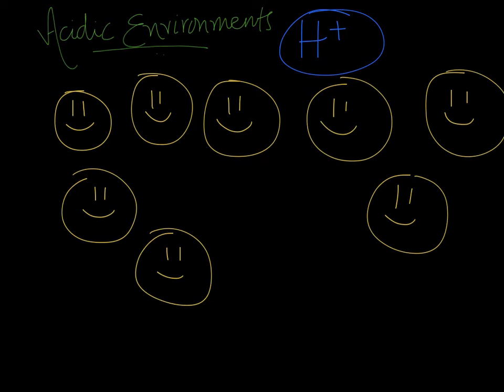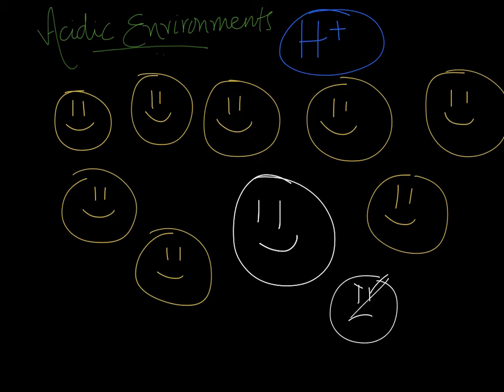Their positivity rubs off on you, and no atom or person going into such a positive environment can maintain a negative charge. So let's say this is you going into this positive acidic environment. You can either be neutral and not do anything, or you can choose to maintain a positive charge yourself. But there's just no way that you can be negative around these guys, because they're just so happy and positive.